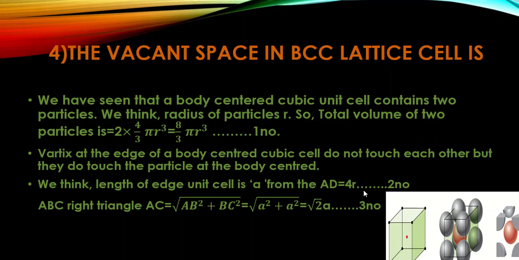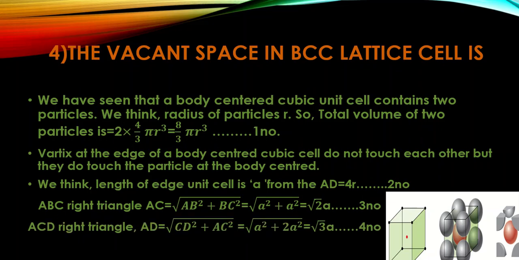This is equation number 3. Then in another right triangle ACD, AD is equal to root over CD square plus AC square, that is root over a square plus 2a square, which is equal to root 3 into a. This is equation number 4.